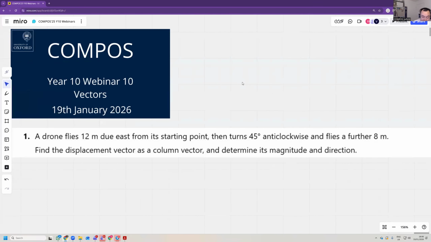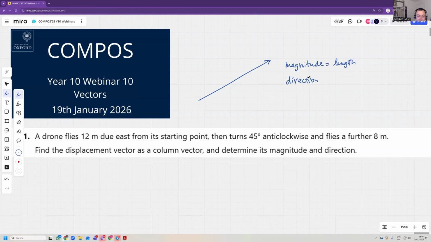So a vector has magnitude, which is the length of the vector, and it has a direction, of course. Direction can be shown as an angle to some reference, usually the angle to the x-axis, or the angle to the y-axis.